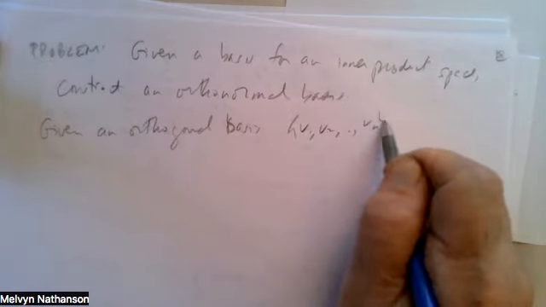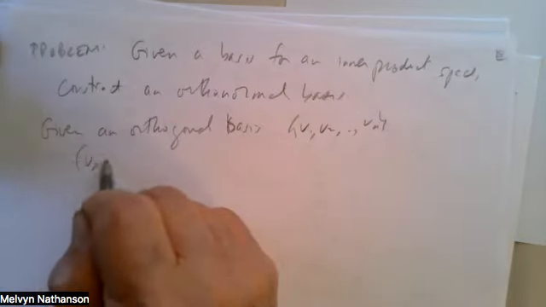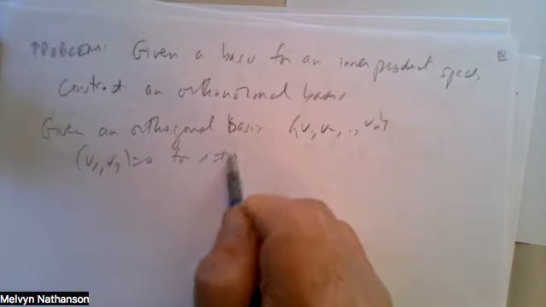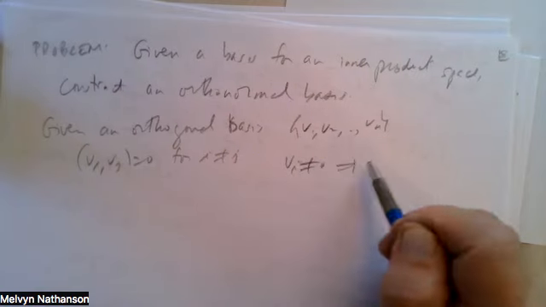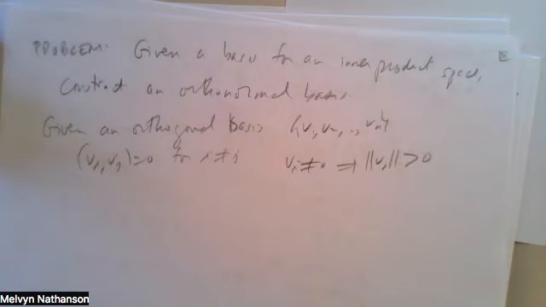You take V1 up to Vn, orthogonal, so the inner product of Vi, Vj is 0 for i different from j. And each vector Vi is different from 0, so the length of the vector Vi is some positive number.